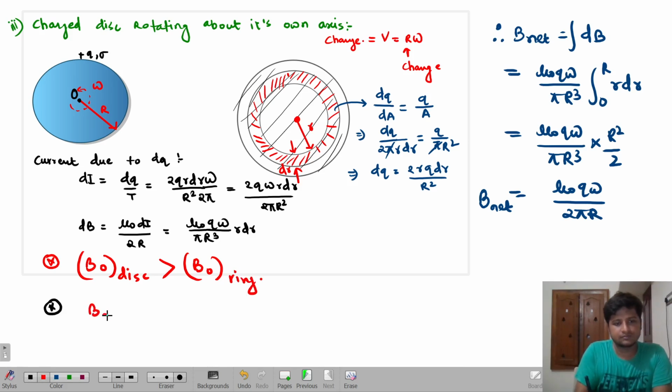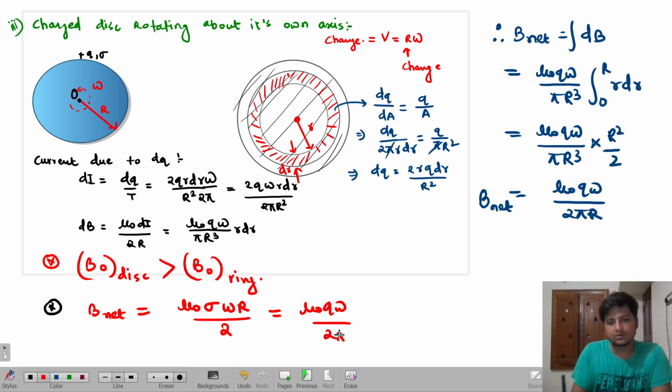B net of the disk in terms of sigma, where sigma is q by pi R square, gives mu naught sigma omega R by 2, while it is equal to mu naught q omega by 2 pi R.